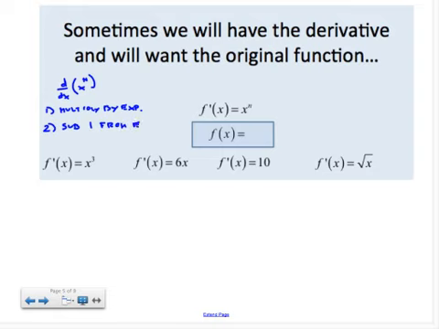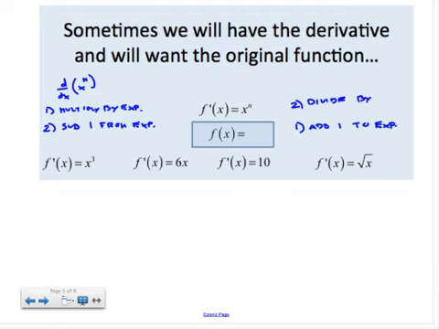So if we're going to do the antiderivative, we're going to go backwards. Okay, so to undo that, what are we going to do first? Well, we're going to add 1 to the exponent, because I need to undo the subtract 1. And then instead of multiply by the exponent, I'm going to divide by the new exponent.